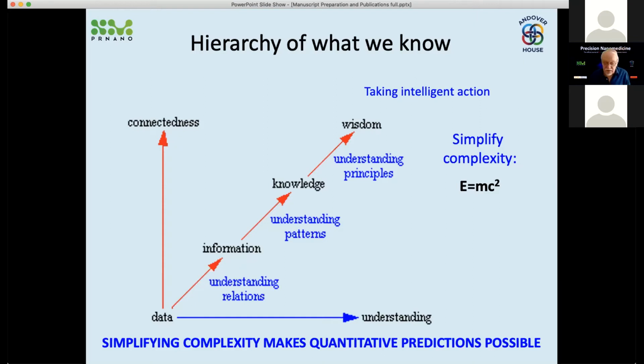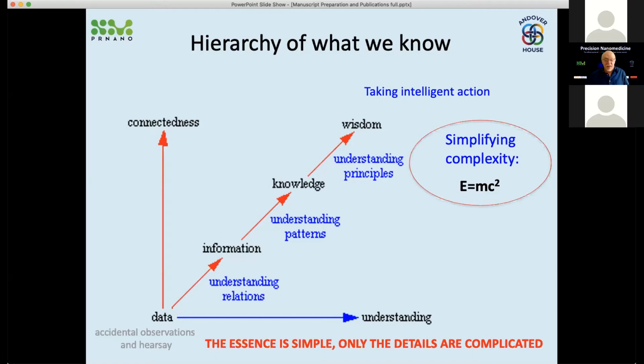It doesn't mean that you can apply it immediately, but that it is possible. And take-home message number 2 is that the essence is always simple; only the details are complicated. The more you dig into the details, the more complicated it gets, of course, because it contains many more components.